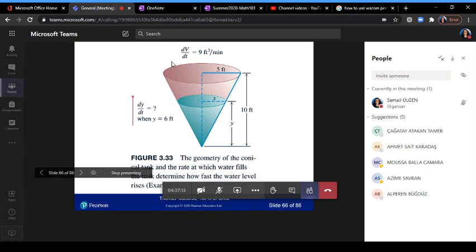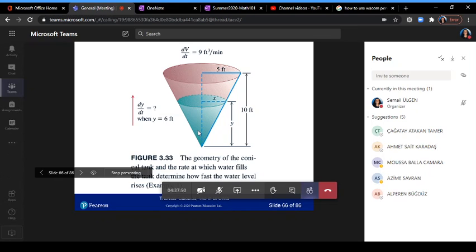Okay, so we have a tank, and we are pouring water inside, and as we pour water, the water level is going to increase, and dV/dt is given, and the height is given, 10 feet is given, the radius of this top part is given, and the question is how fast the water level rises.